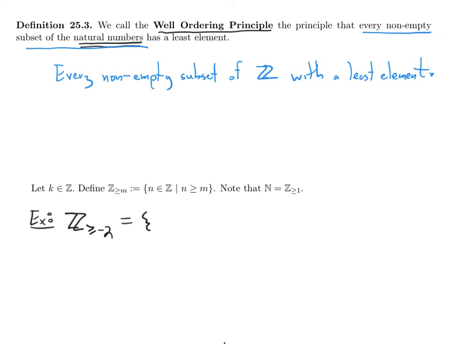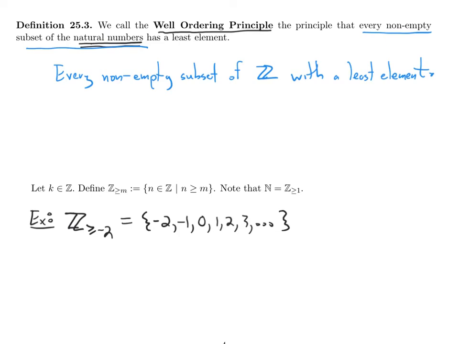So the least element would be -2, then -1, 0, 1, 2, 3, etc. These are going to be the sets we're going to consider when we talk about induction. But the key is we have some least element that we're going to be starting at.